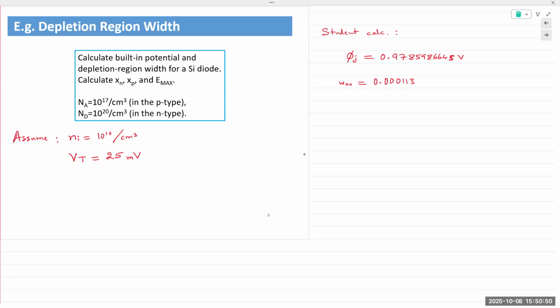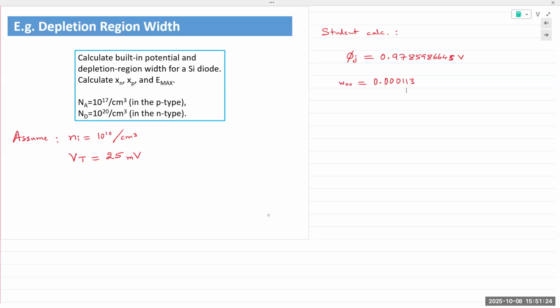Either my answer is incorrect or maybe I need to recalculate. You got the same? Yeah, that's right. The other students also say the same thing. Unit prefix, yes. So I'm getting 0.113 times 10 raised to minus 6. Here it's 113 times 10 raised to minus 6.